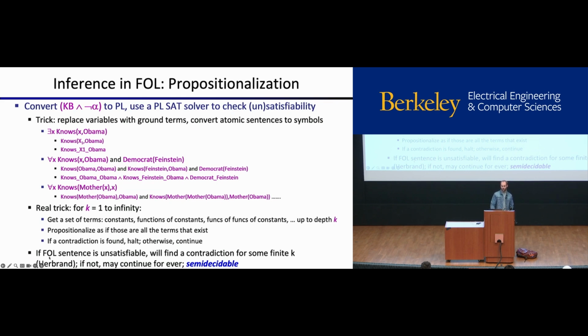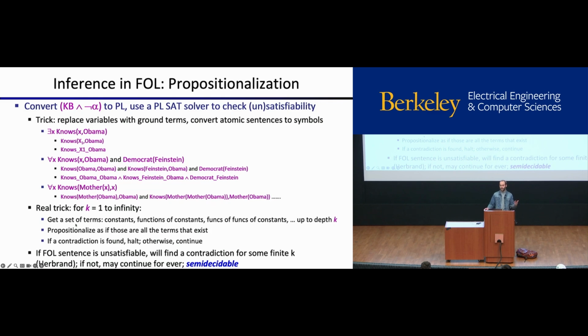So if the first-order logic sentence is unsatisfiable, we will find a contradiction for some finite k. And this was subtle, this had to be proved. This was proved by someone named Herbrand about 100 years ago. But if it's satisfiable, then this may continue forever. It'll never return a contradiction.